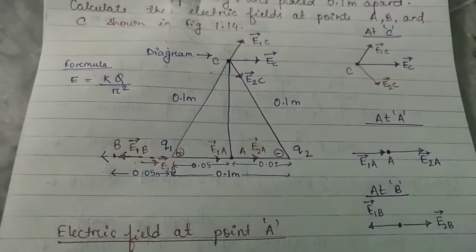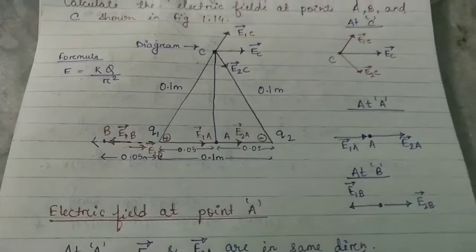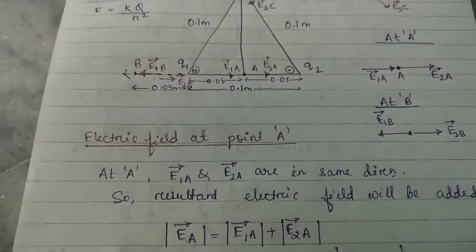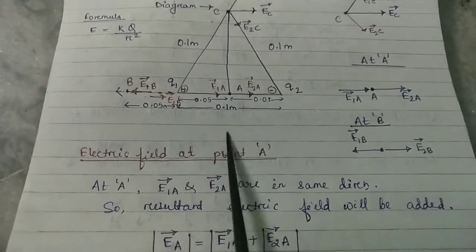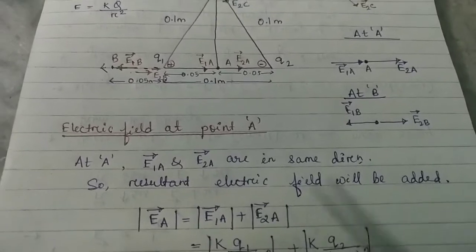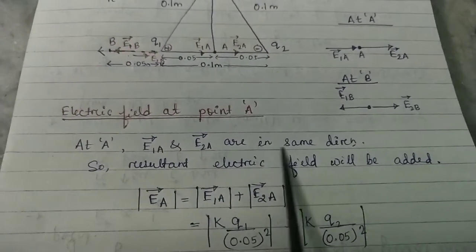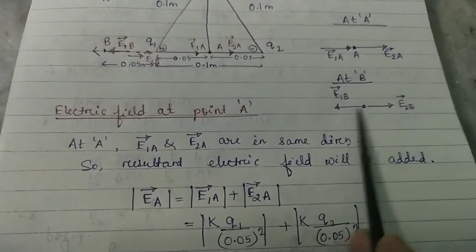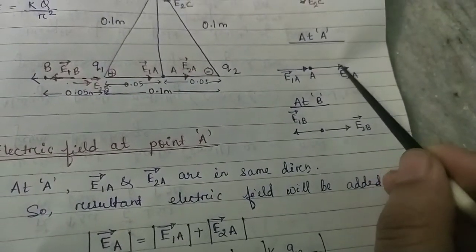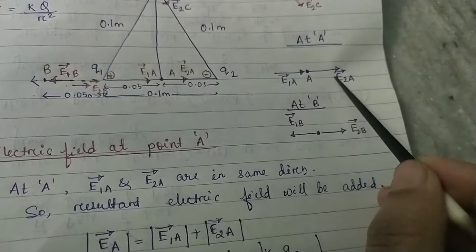Okay. After understanding this, now we will go for finding the magnitude of electric field. So first we will find the electric field at point A. We know the formula. You see here, already I have mentioned the direction of the vectors. If two vectors are in the same direction, then they will be added.